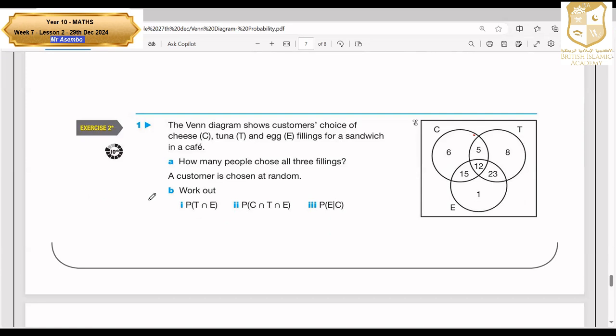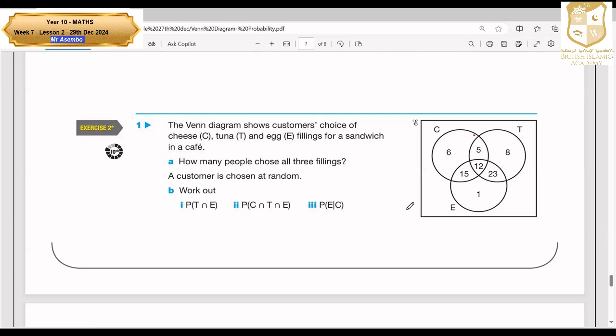Remember, in this Venn diagram we don't have any member outside, which means all the customers ate a sandwich having either tuna, egg, or cheese inside it. None ate just a sandwich without anything inside it.